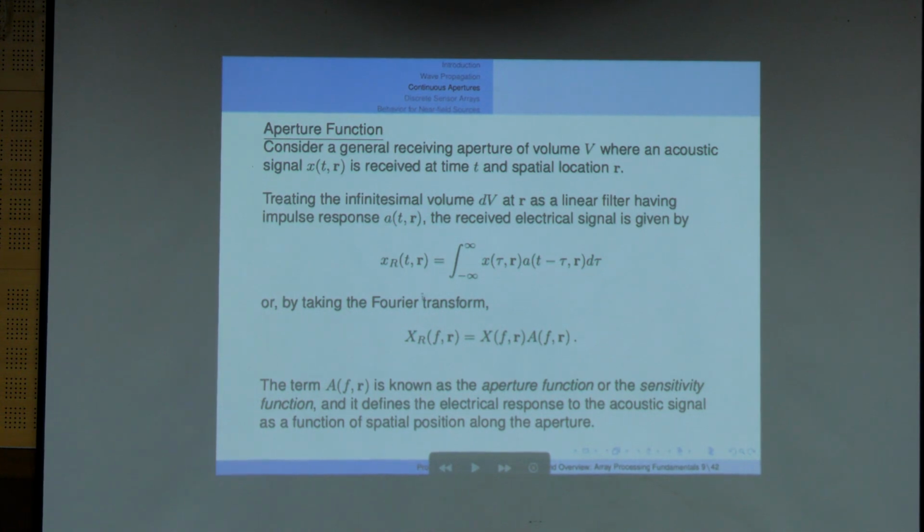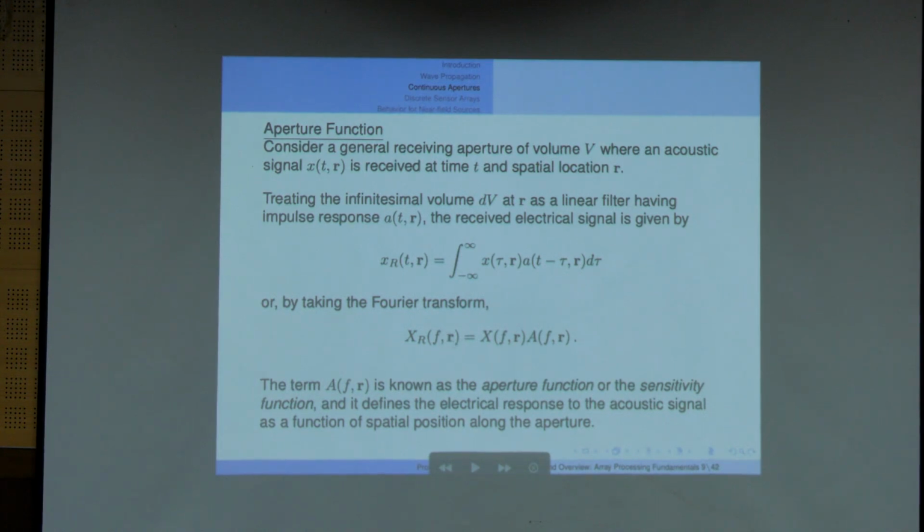If we use the Fourier transform, we have the electrical signal at the output of that point. You see, it's not at the output of the whole aperture. It's just the contribution of that point R of the aperture to the electrical signal.